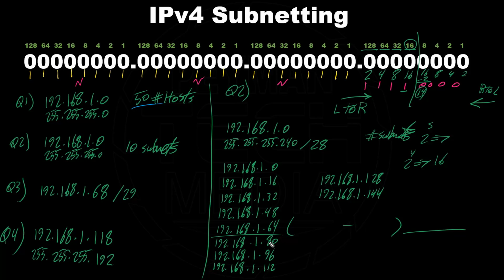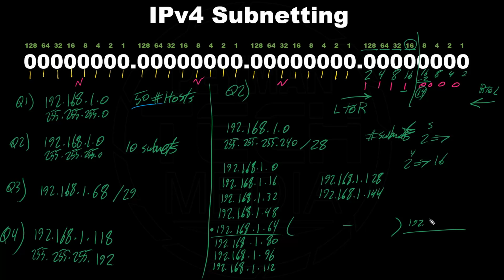So 64, we're incrementing by 16. This is 80. This is just one example I'm showing on this subnet, and to see the number of available IP addresses and the broadcast. So the broadcast for this subnet would be 1 less than the next subnet. So if the next subnet is 1.80, the broadcast should be 1.79.